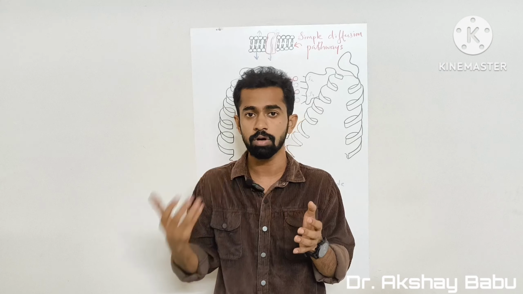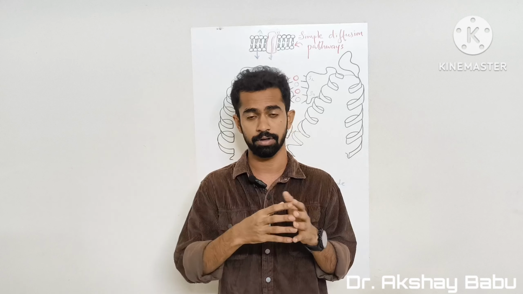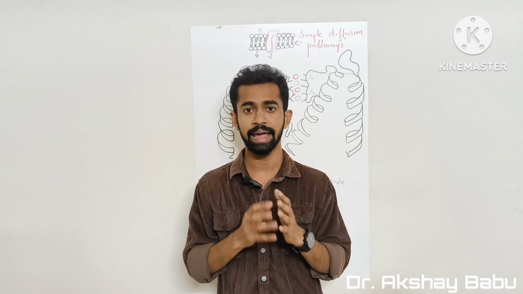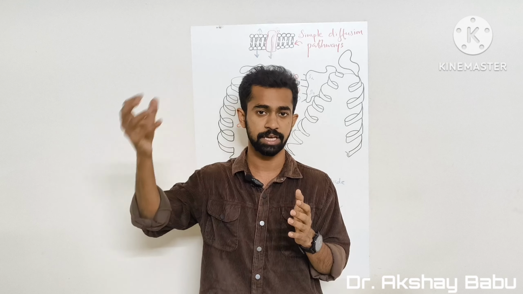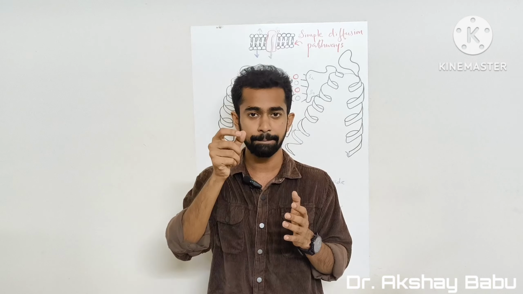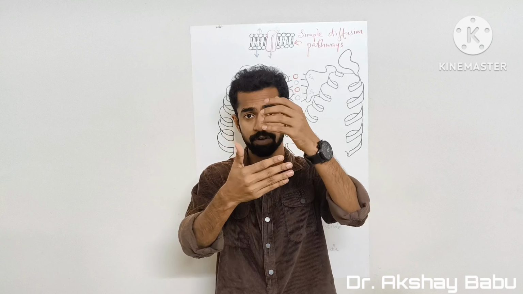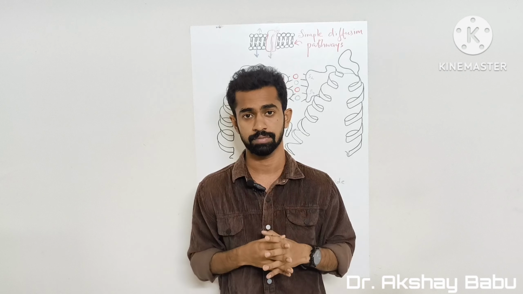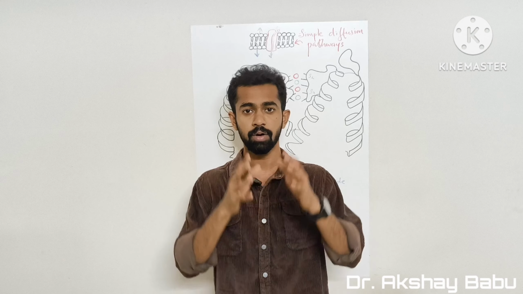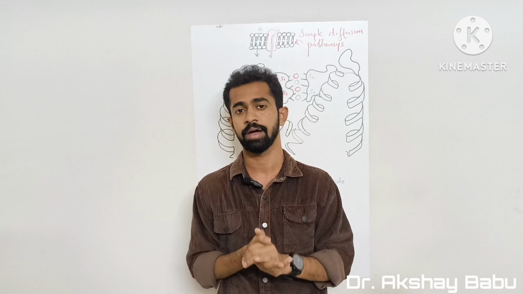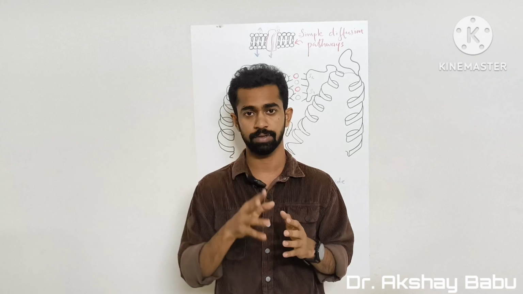Next, coming to facilitated diffusion. In facilitated diffusion, the process requires an interaction with the carrier protein. So the carrier protein aids in the transport of substances through the cell membrane by binding with them and then shuttling them across the membrane. So the simple diffusion can occur through the cell membrane by two different pathways.